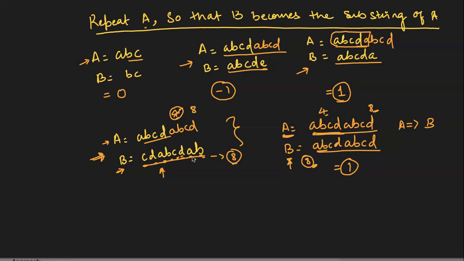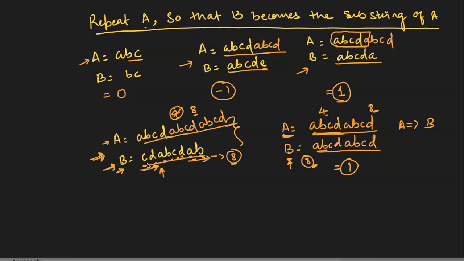So string B is a rotated string, right? Rotation is here. So to cover the rotation, what we'll do, we'll repeat one last time, right? Once we have an equal number of characters, and if B is still not a substring of A, we'll repeat one more time to cover the rotation.